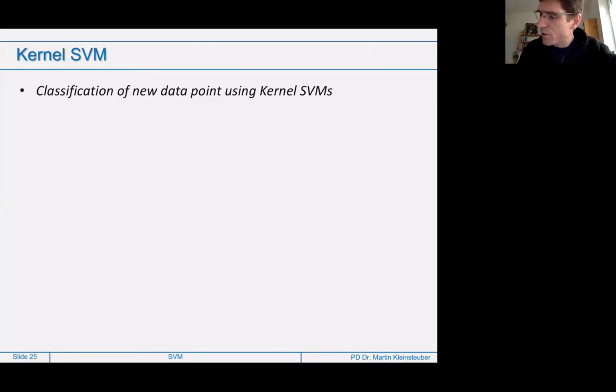So the classification of a new data point using kernel support vector machines is actually the only thing that we have to consider. But let's put that aside for the moment.